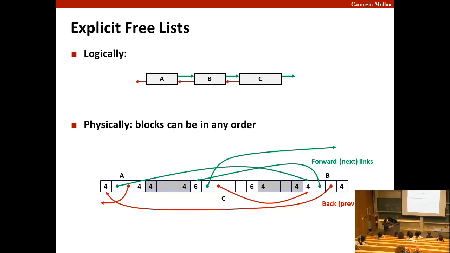So if I look at an explicit list, I see that I can still use the implicit list to walk through all of memory. I see, however, I also have these forward green and backward, previous red pointers. So now I can walk through the list in a different order.